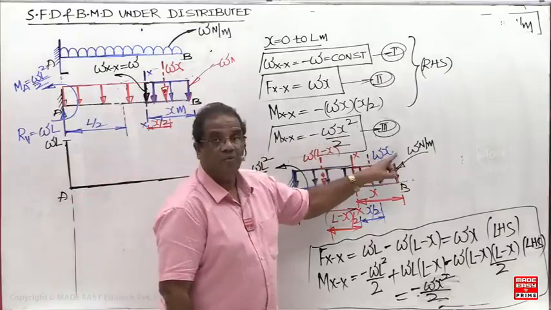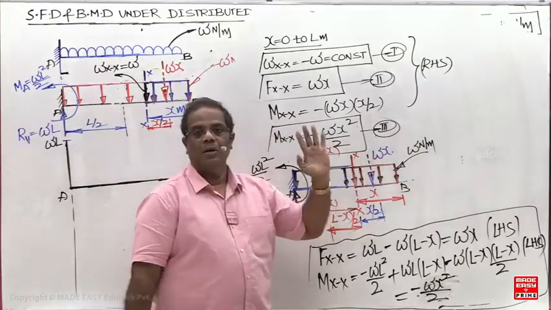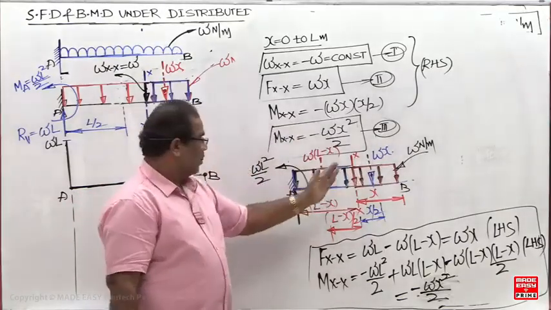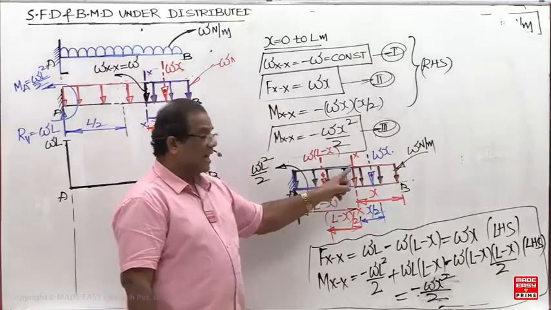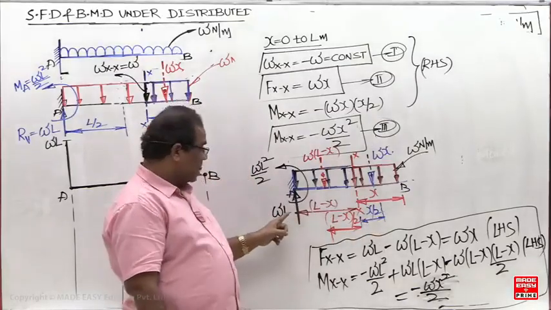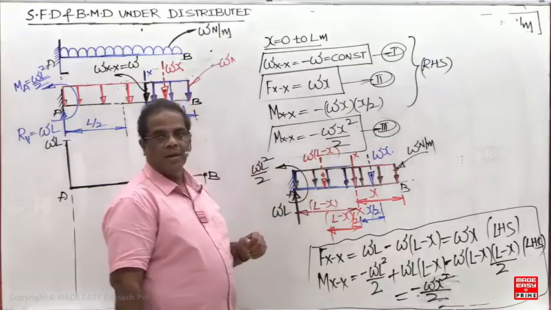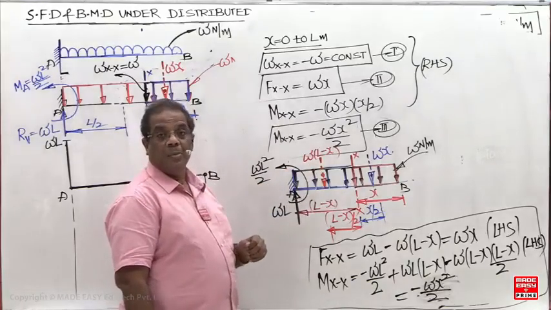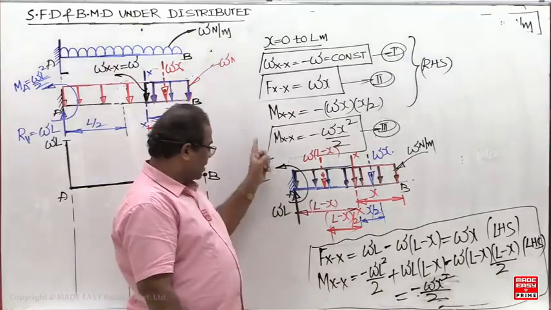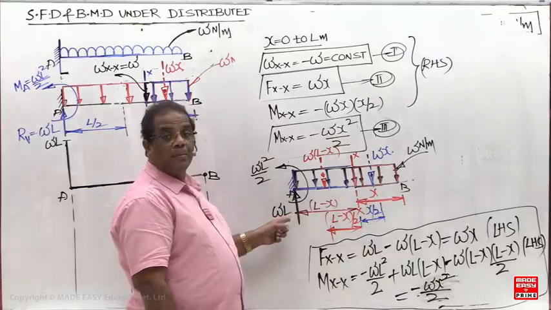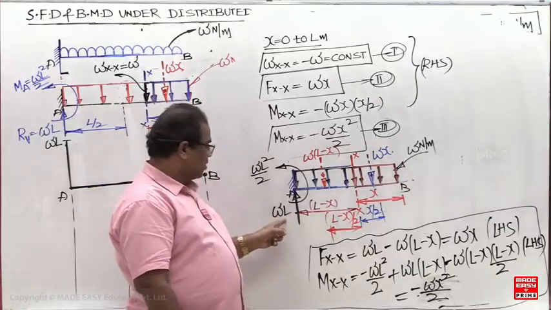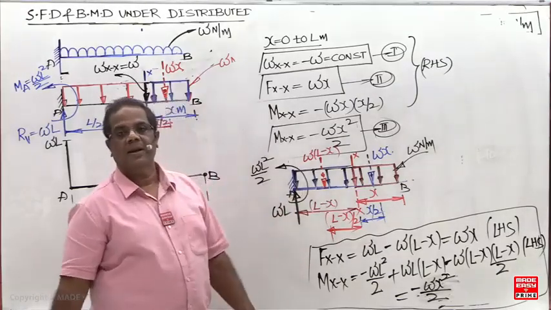If you take the left side, only one constant point load and one moment will be there. If you take the right side, there is one constant point load, but on the left side there are two constant point loads, the reaction and the total load. How many moments will be there, and how many couples? One couple is there. Two constant point loads mean two moments will be there.